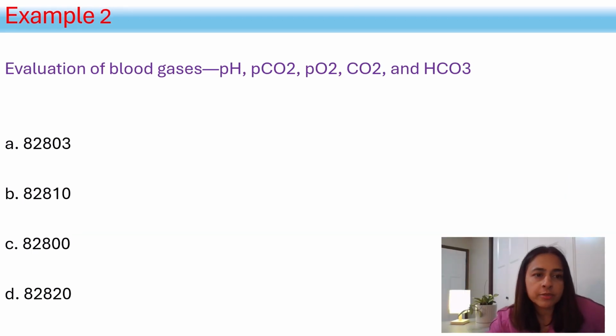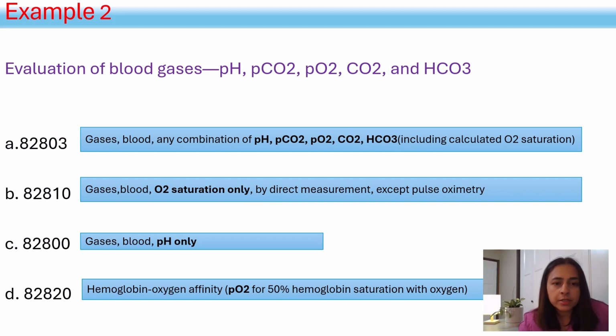Next question is evaluation of blood gases: pH, PCO2, PO2, CO2 and SCO3. Here are the options and the descriptions. Option A has pH, PCO2, PO2, CO2, SCO3, which matches our question.